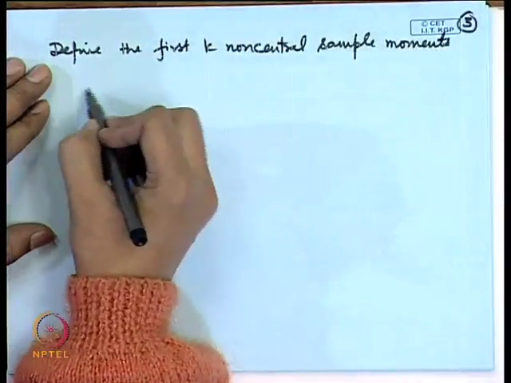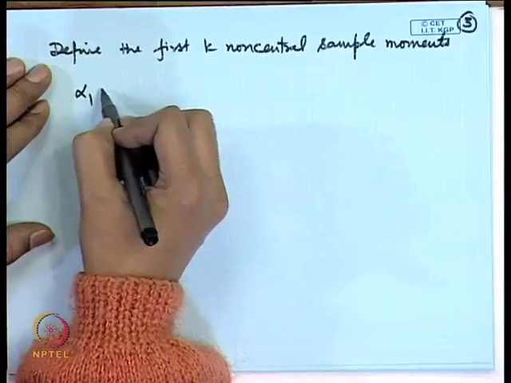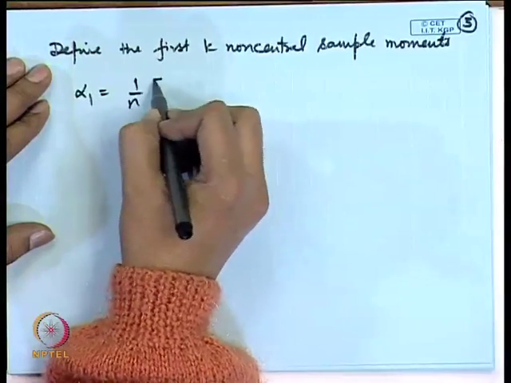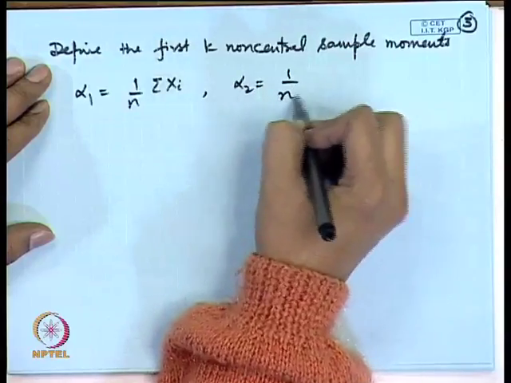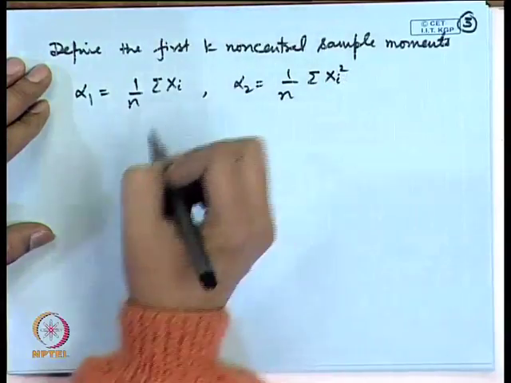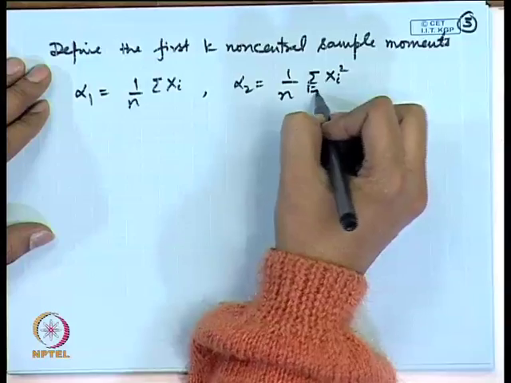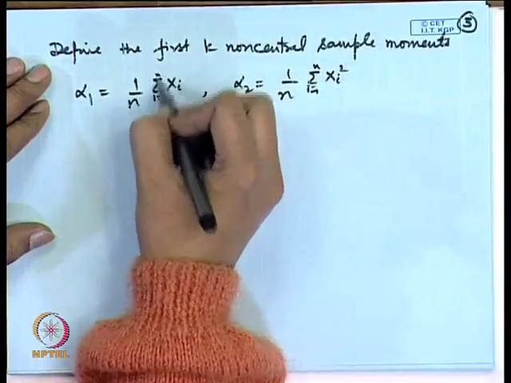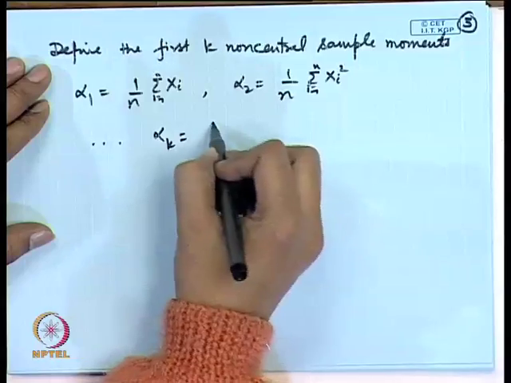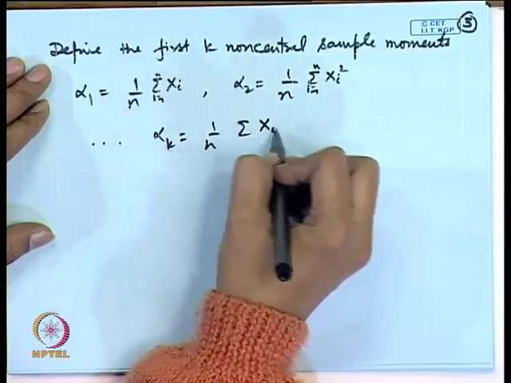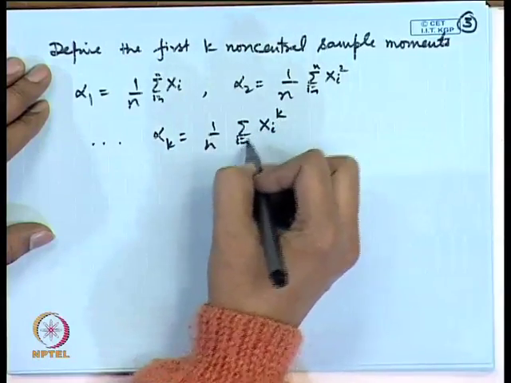That means, let me define say alpha 1 is equal to 1 by n sigma Xi, alpha 2 is say 1 by n sigma Xi square, i is equal to 1 to n, in general. So, alpha k is equal to 1 by n sigma Xi to the power k, i is equal to 1 to n.